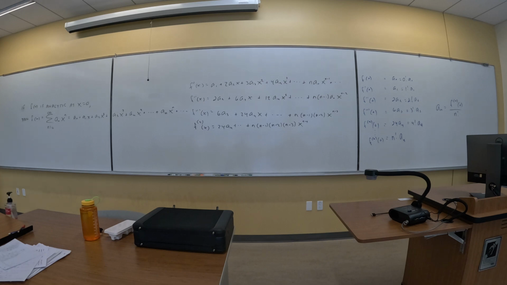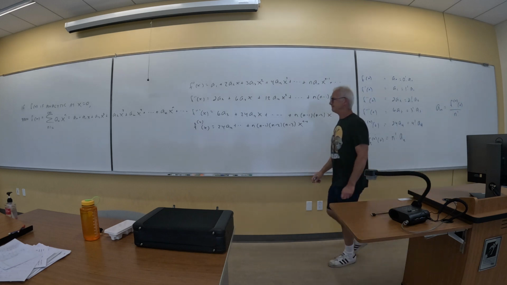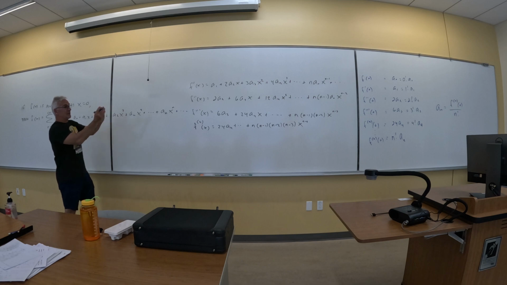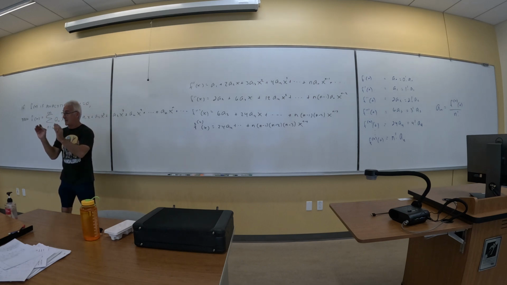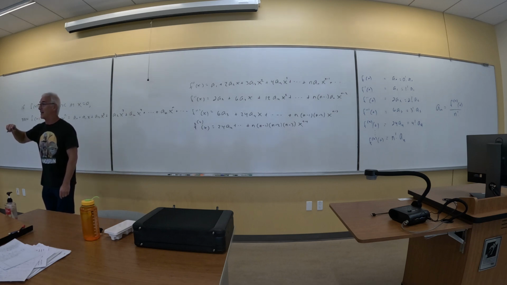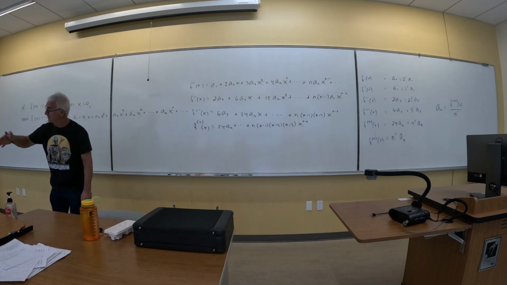Now, let me step back for a moment. Let me throw a what if at you. What if we were expanding x minus c? And so instead of 0, we were using c. Then everything I did was the same, and everywhere you see an x, you'd see an x minus c instead. And when I evaluated, I wouldn't evaluate at 0, I'd evaluate at c.